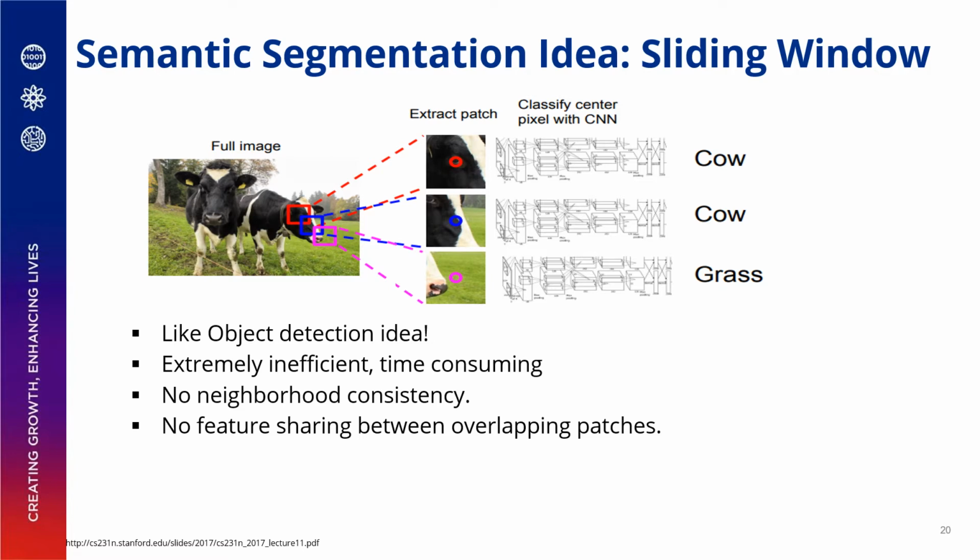No neighborhood consistency is used here, and you cannot share features between overlapping patches. In this part over here, there's a small patch that is overlapping, but you're running CNNs on them individually, so you're not using any features that were extracted from the blue region CNN versus the pink region CNN.